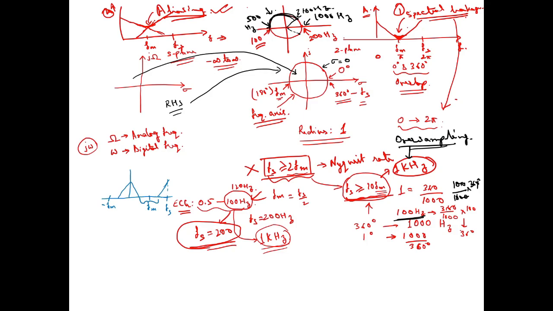Now, what is the problem with oversampling? What do you mean by a sampling frequency of 200 hertz or 1000 hertz? For 200 hertz, in 1 second you will have 200 data points, whereas at 1 kilohertz you will have 1000 data points in 1 second.